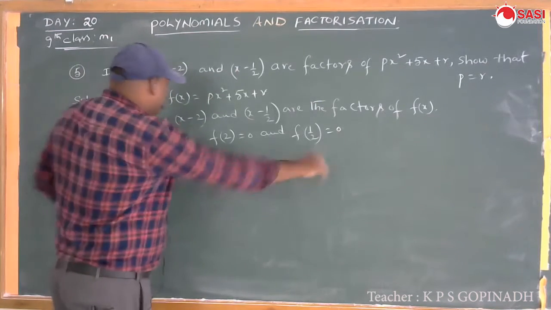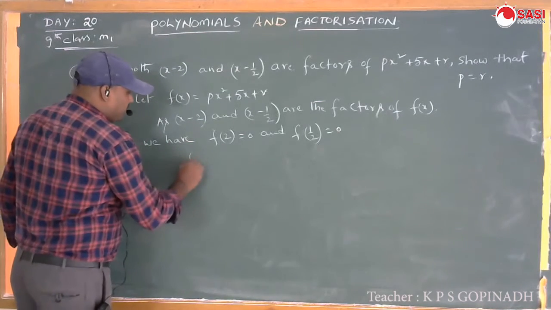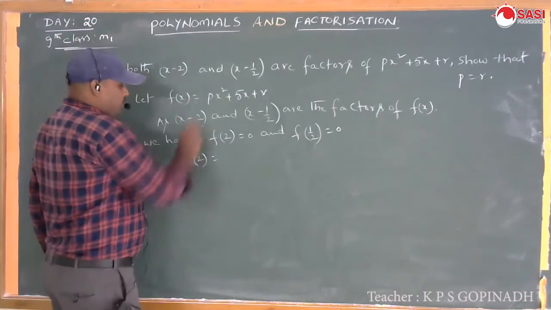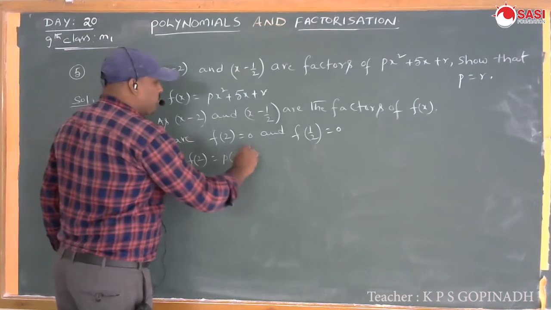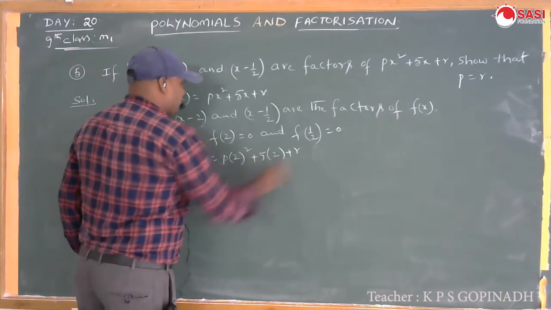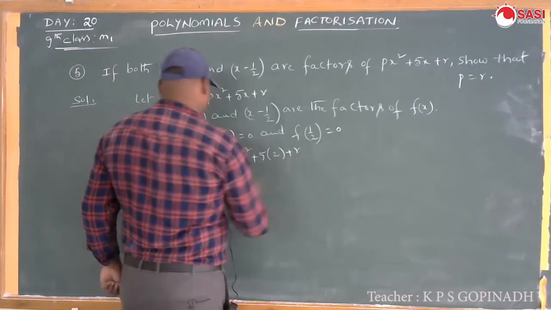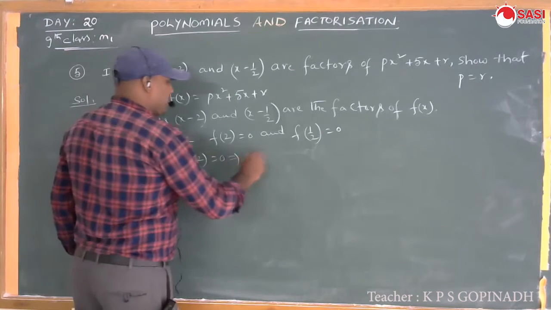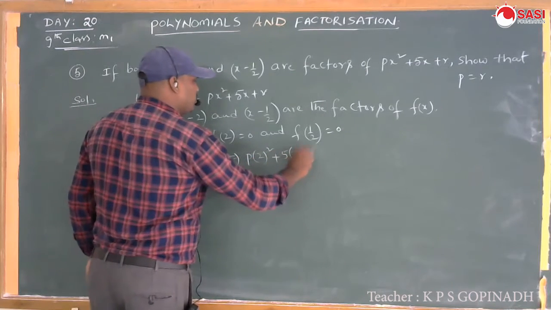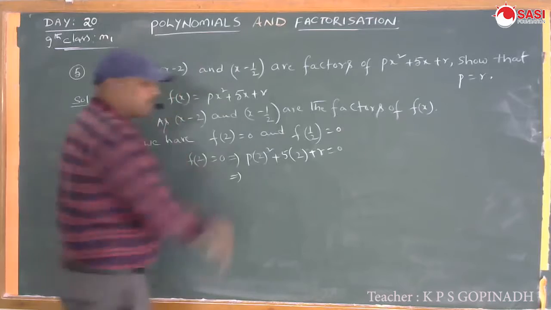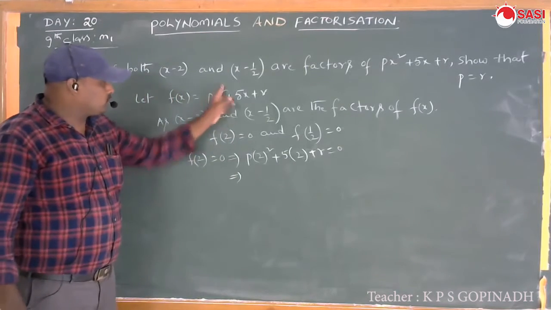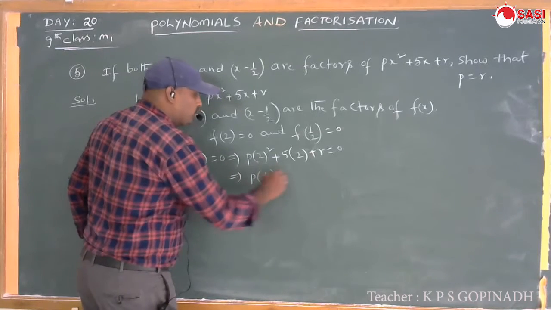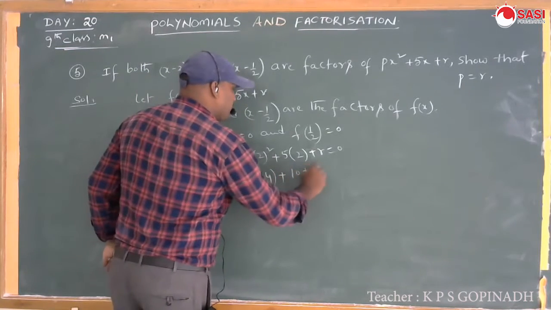Okay. So now calculate f of 2. f of x is px square plus 5x plus r. Put x is equal to 2. So f of 2 is p into 2 square plus 5 into 2 plus r, which is equal to 0.